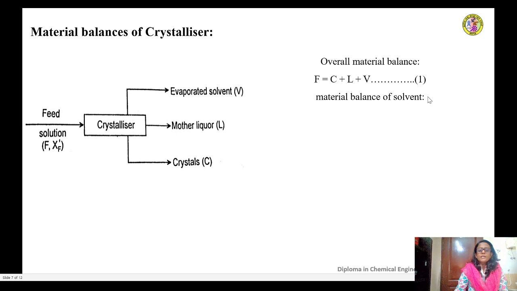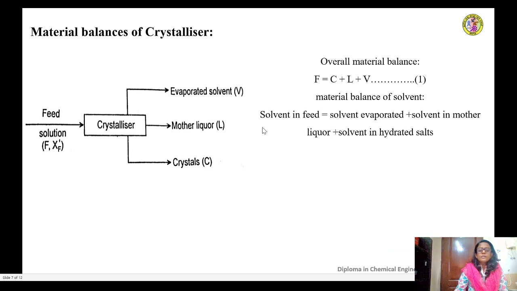Now write down the material balance for solvent. Solvent is present in feed initially. This solvent gets lost in part during the operation by evaporation. Then some solvent goes out with the mother liquor, and some solvent might also go out with the crystals, that is the solid crystal product, in the form of hydrated water.